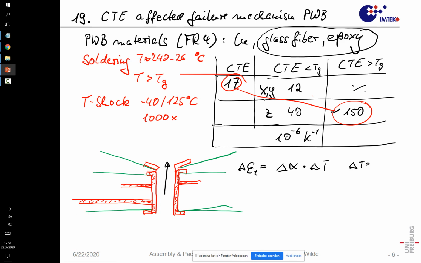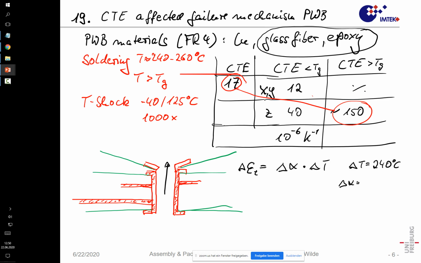How much is it? Not 260, but 260 minus room temperature. For instance, we could say 240 degrees centigrade. Yeah? Okay. What is a delta alpha?